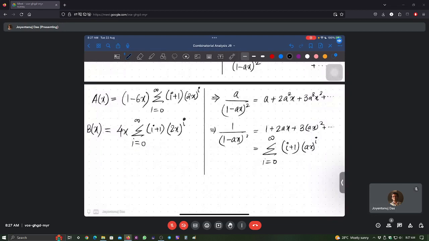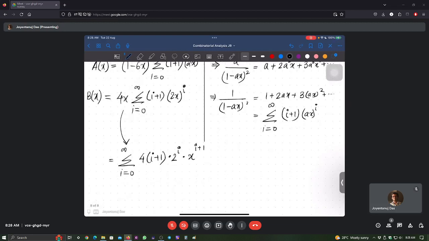Maybe this one will be easier for us to find first. So I can take 4x inside. So the sum for i equals 0 to infinity of 4(i plus 1) 2 power i you can take out, and it is the coefficient of x power i plus 1, right?